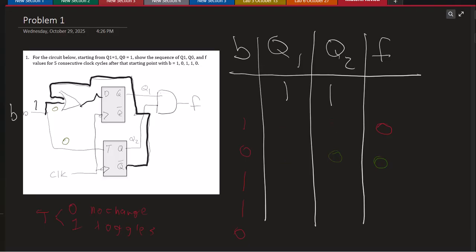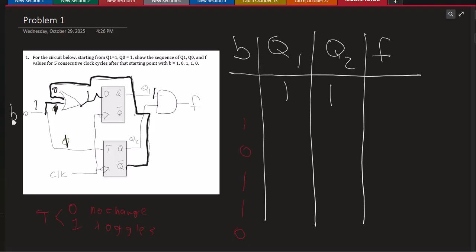Let me just start from the beginning. Okay, let's check this out again. They start with both 1, B is 1. B is 1, so the not of Q2 is 0, but B is 1, the OR of 0 and 1 is 1, so Q1 is 1. B is 1, so we have a toggle.